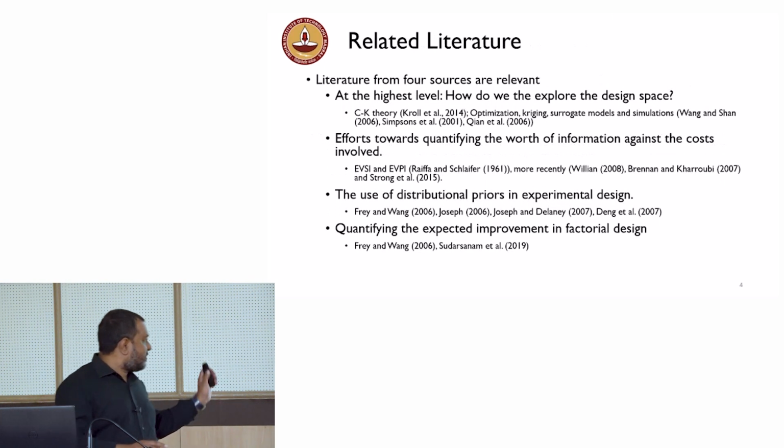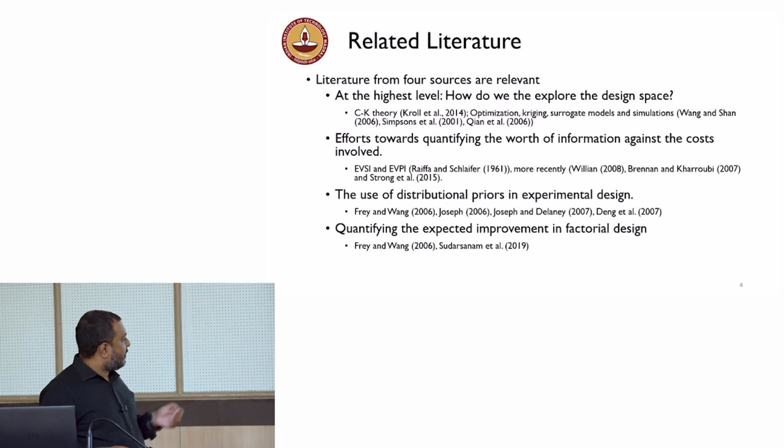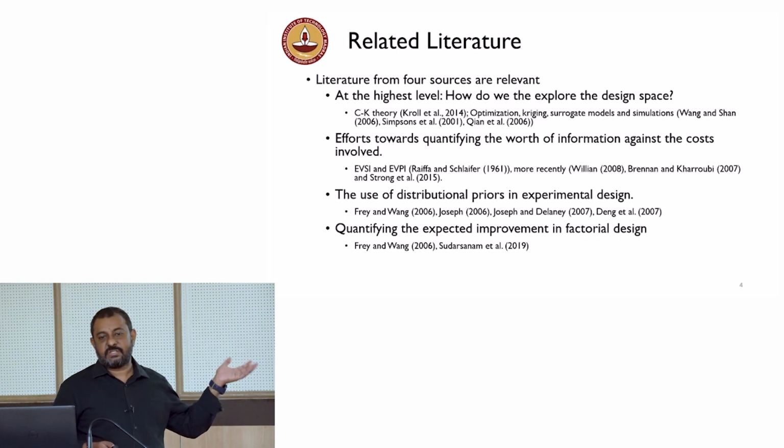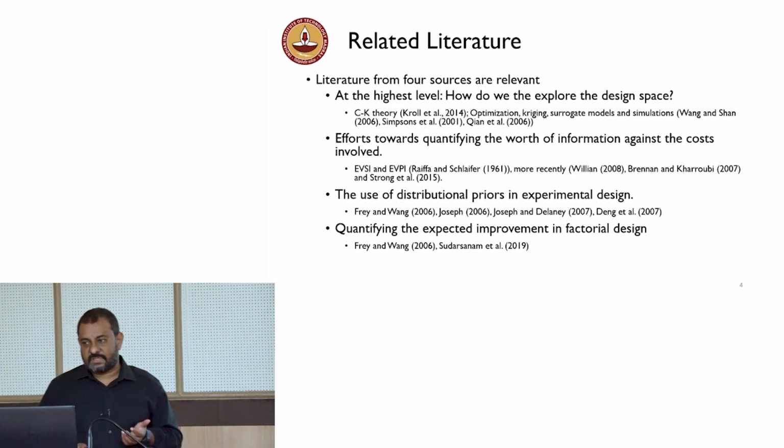Okay? The literature for this comes from multiple quarters. Obviously, the design engineering community has looked at this, about how do you explore a design space sensibly. As you move more towards from design engineering, there's also the whole field in decision theory, which has looked at the concept of expected value of perfect information, expected value of sample information, right? The concepts are, again, in decision theory fairly straightforward.